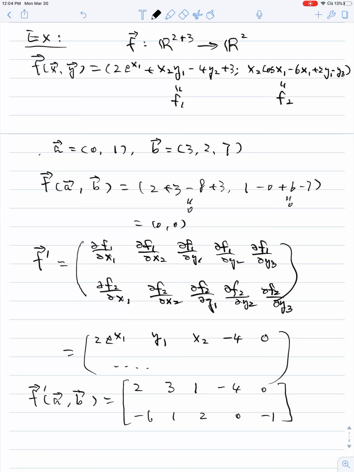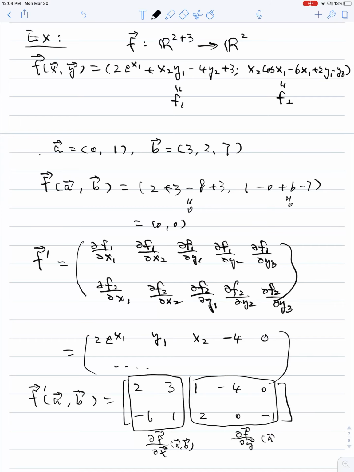Okay, so this part is df/dx at the point AB, and this part here is df/dy at the point AB.